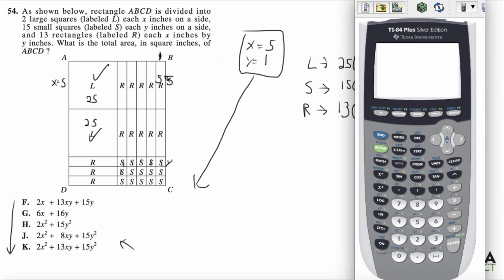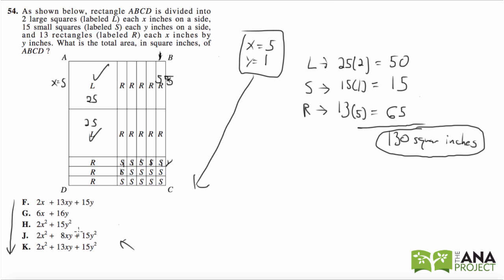I'm just going to use the calculator. 2 times 5 squared plus, y is 1, so 15 times 1 squared is 15. 65. So that can't be it. It's too low. So these are probably gone too.